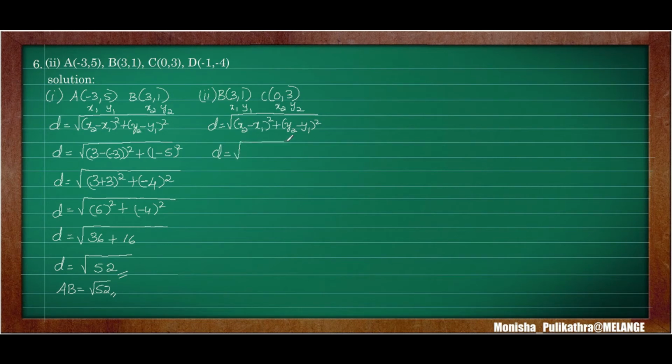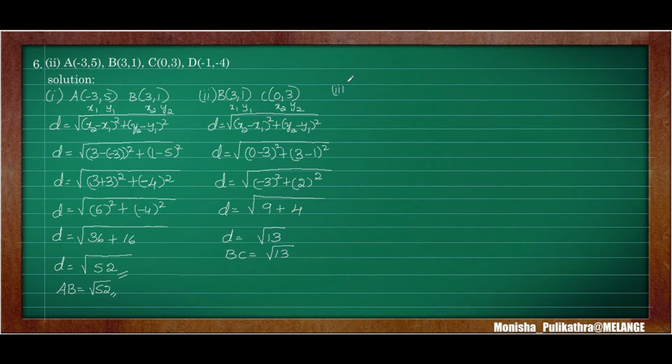So x2 is 0 minus x1 is 3, so (0 minus 3) whole square plus y2 is 3 minus y1 is 1, so (3 minus 1) whole square. So D is equal to square root of (minus 3) whole square plus 2 square, which is 9 plus 4. So the answer is root 13. So this is the value for BC. BC is equal to root 13.